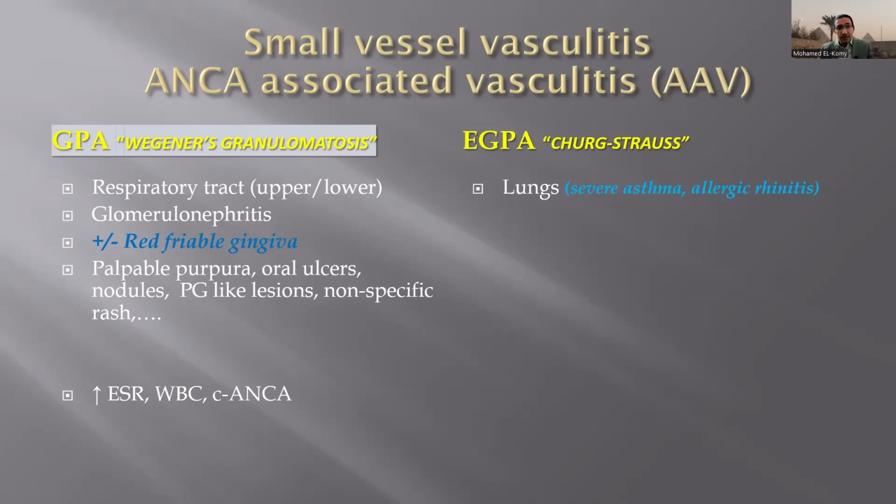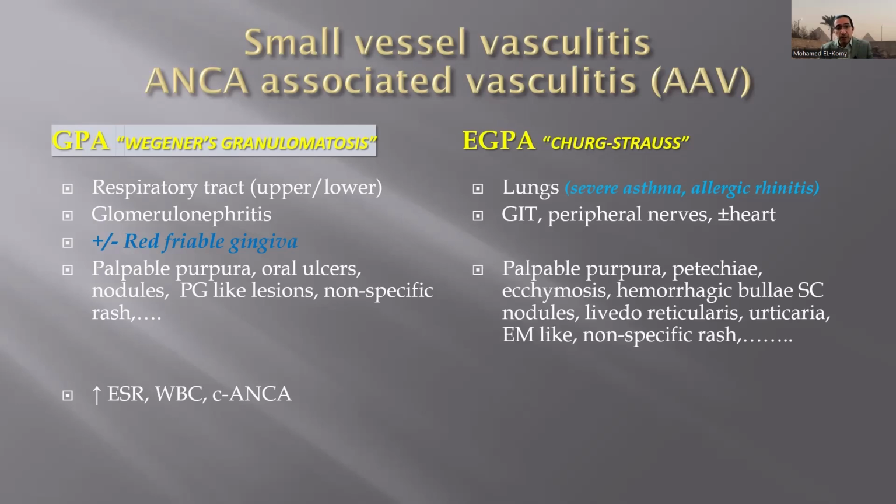Its counterpart, eosinophilic granulomatosis with polyangiitis, formerly known as Churg-Strauss disease, has a marked affection of the lung with severe asthma and allergic rhinitis, one of the hallmarks of eGPA. It also affects the GIT, the peripheral nerves, and sometimes the heart.